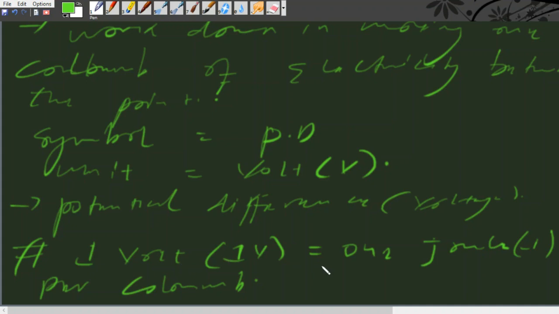So 1 volt is equal to 1 joule per coulomb, and we know that joules are the units of energy, and coulomb there, that's the unit of charge.